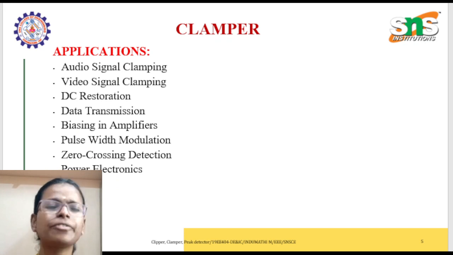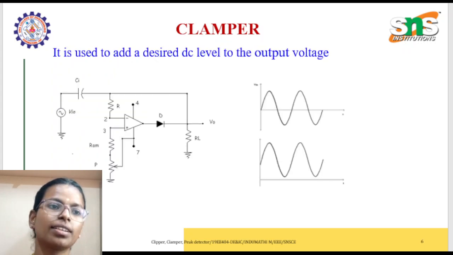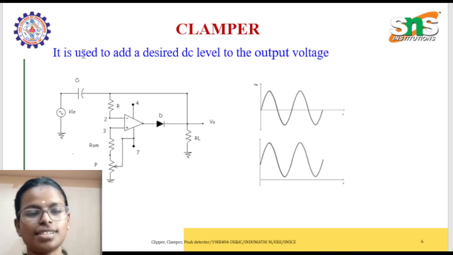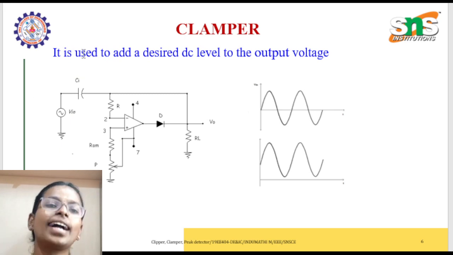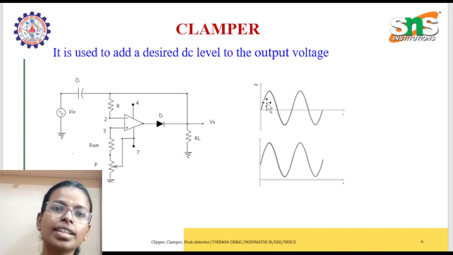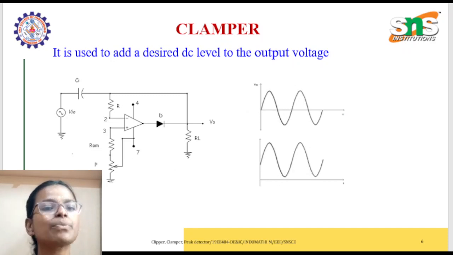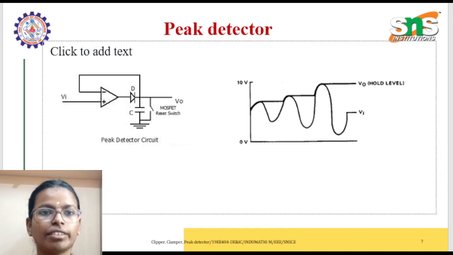And if it is not in an orderly position, at that time also you can make it 0, the standard position. Here, the clamper is used to add a desired DC level to the output voltage. You can add the desired DC voltage here. You can see the output voltage: your input is like this, but the output is not at the position of 0. It gets shifted because of the DC voltage we have given here.